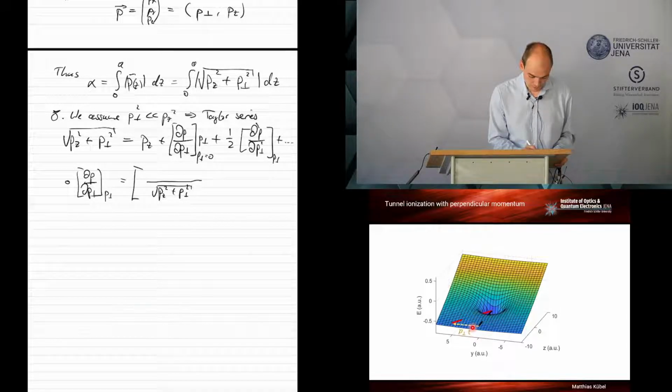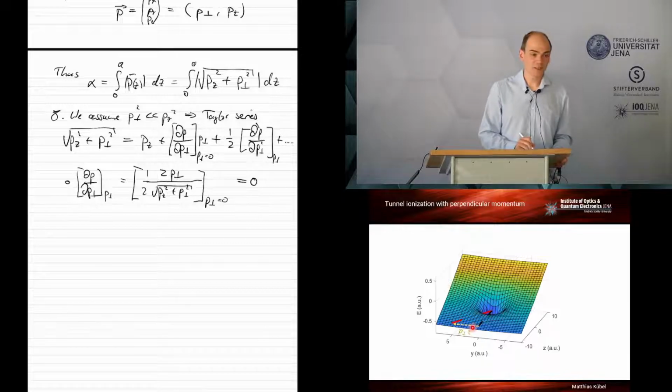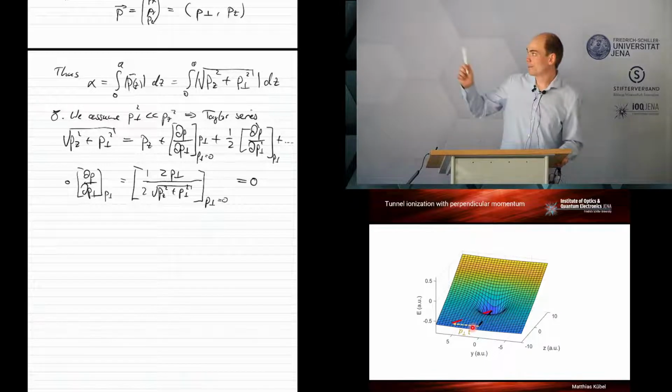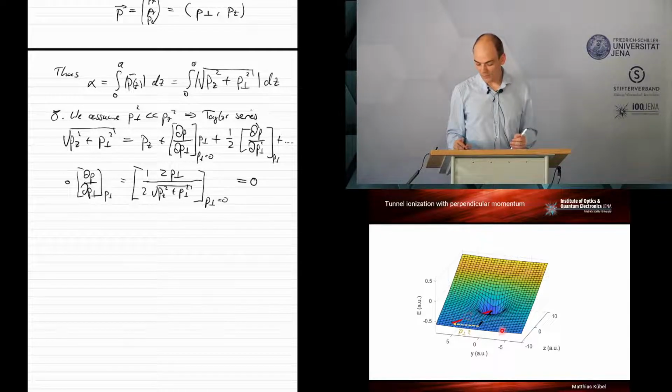And we get 1 over 2 from the exponent, and now we need the inner derivative, which is 2p perpendicular. If we plug in p perpendicular equals 0, then we find that the first order term is 0. Which is also what we expect, because the potential looks the same on this side and on that side, and therefore the first order term must be 0.